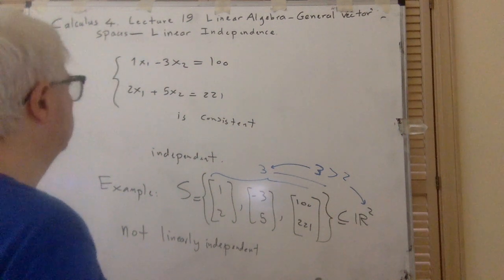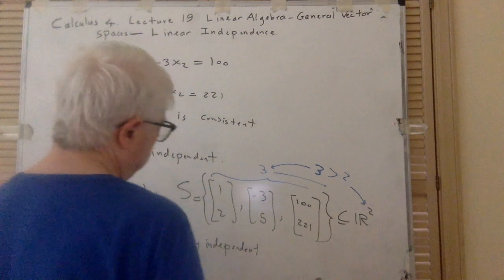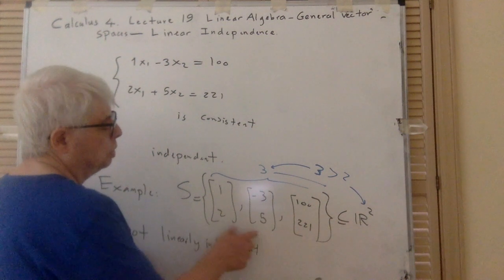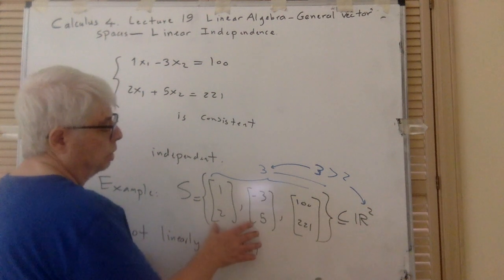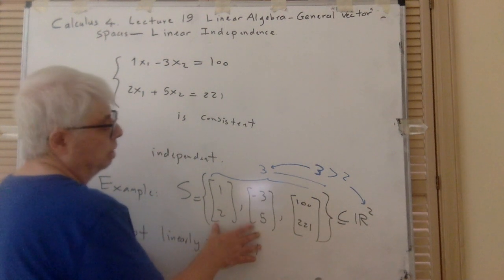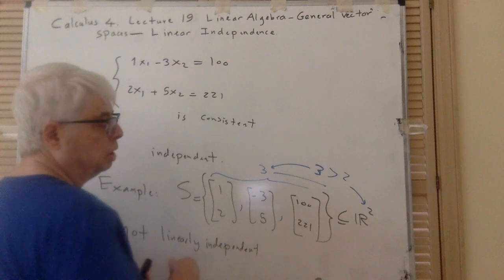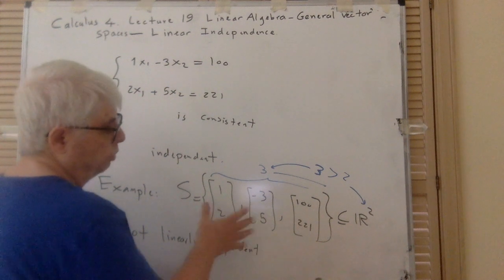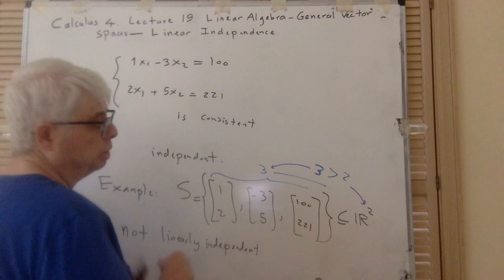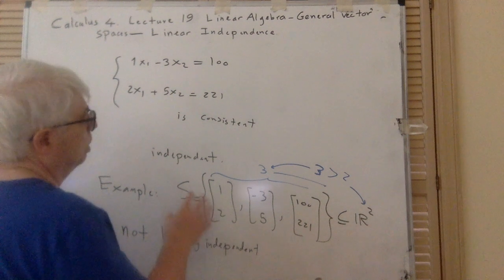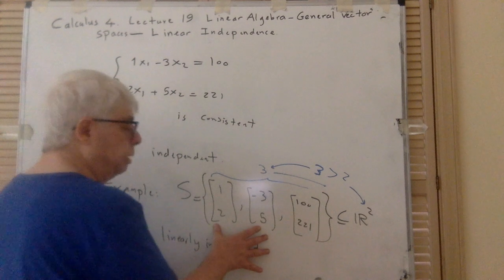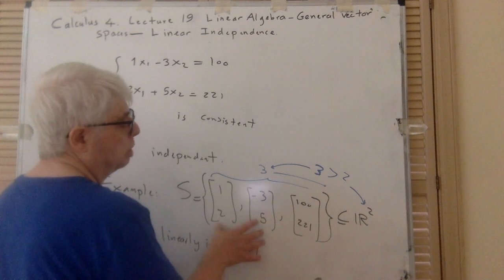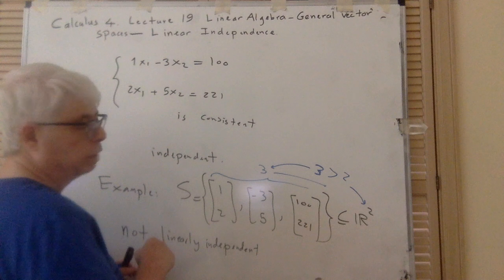What happened there? Well, there's one thing. Oh yeah, true. So if this is a multiple of this, then I don't care about that one. Then these two give me a subset which is not linearly independent. So if a subset of this is not linearly independent, the whole thing is not. But if this is linearly independent, then you can write this one as a linear combination of these two. That's what happens.